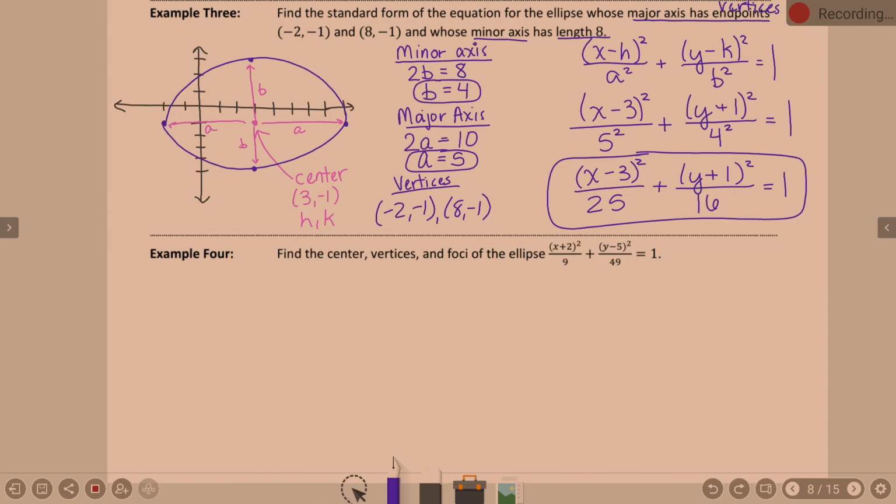Example 4. Find the center, find the vertices, and the foci of this ellipse. With that in mind, we probably need to start by picking out which column this problem falls into. Eli? Right.